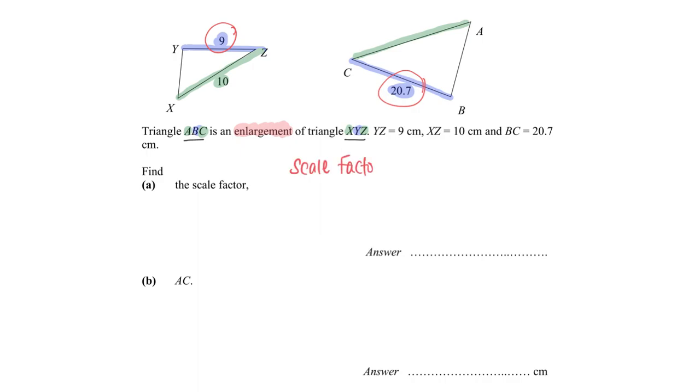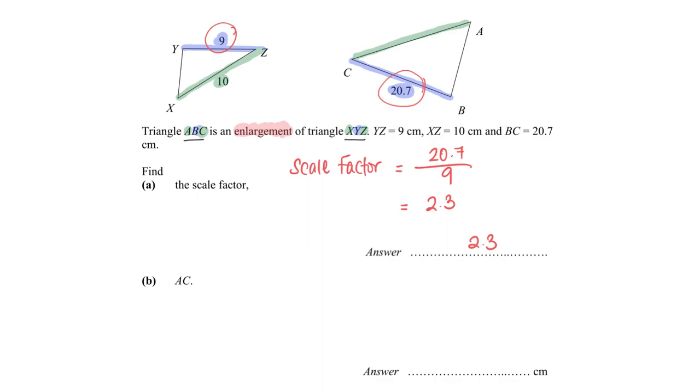We just need to know it increased by how many times. 20.7 I divide by 9, that will give me 2.3. So the scale factor is 2.3. Triangle ABC is 2.3 times larger than that of triangle XYZ.